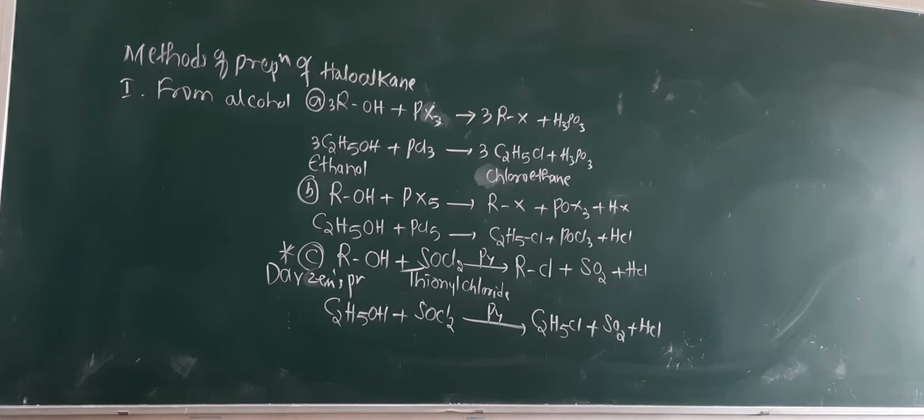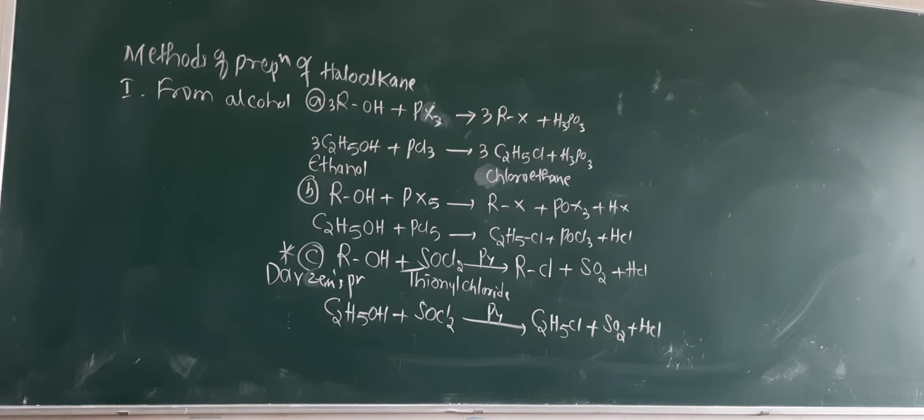In the three methods we have used alcohol only, but the other reagent is different. First in sub number A phosphorus trihalide, in sub number B phosphorus pentahalide, in sub number C particularly thionyl chloride is used, so you may expect the product must be a chloro compound.